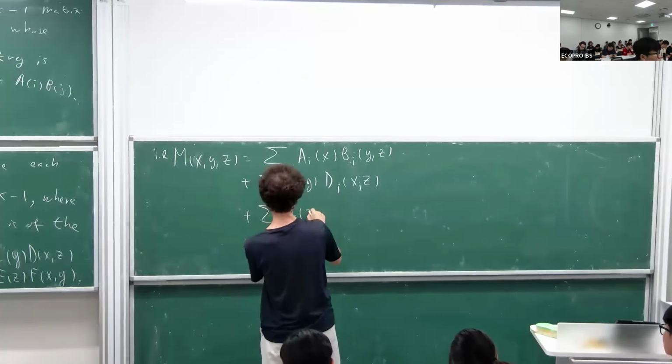Now the orthogonal complement of this is of dimension n minus k.